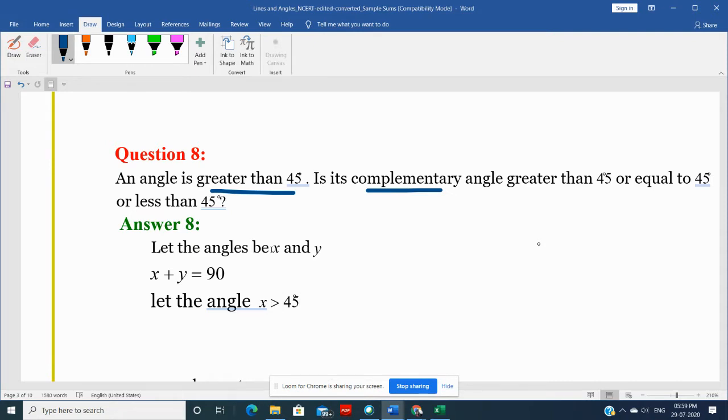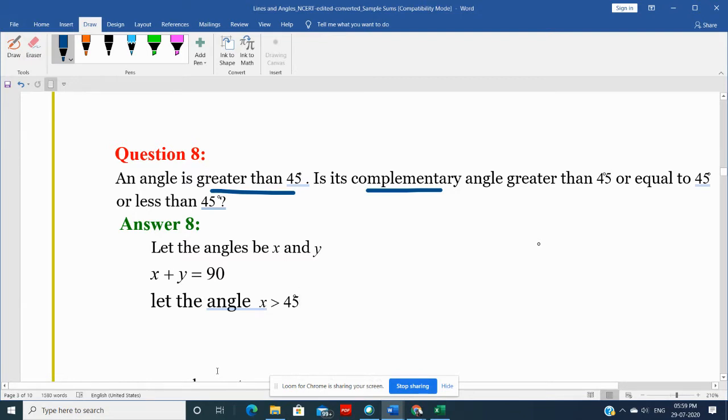We have two angles, x and y. We know that it's complementary, so we have x plus y is equal to 90. One of the angles is greater than 45, so let this angle x be greater than 45.